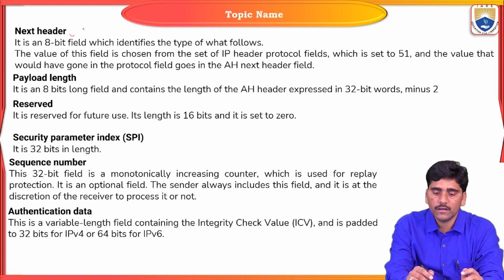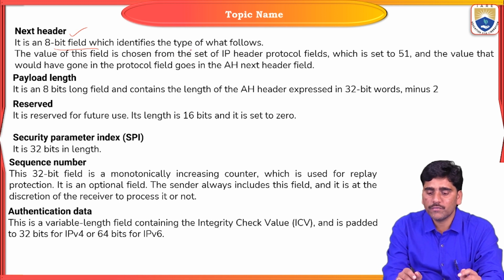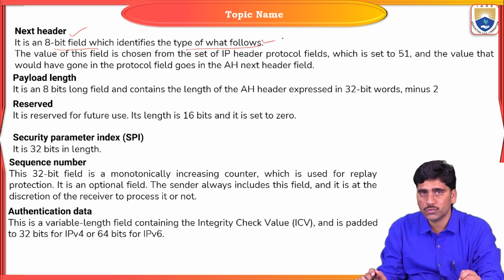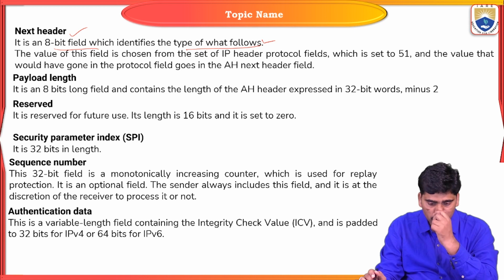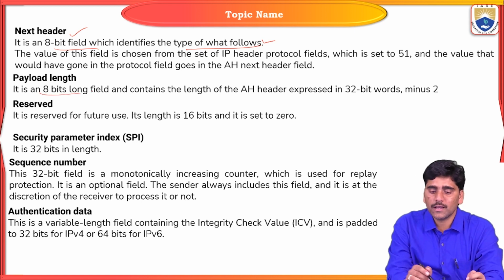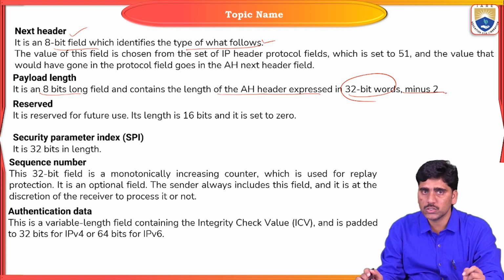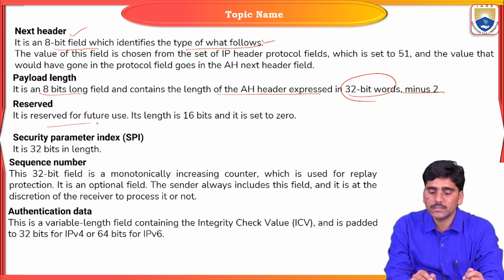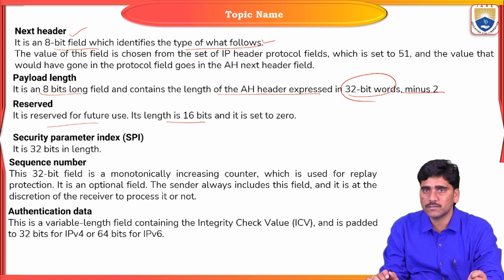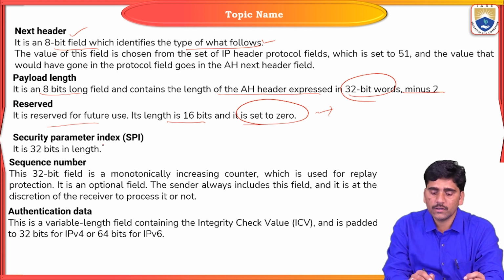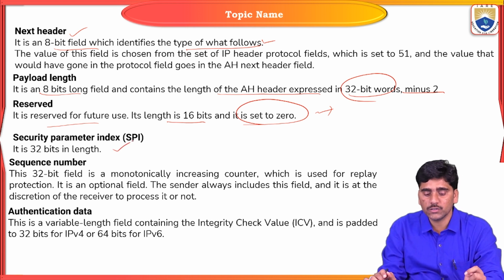The next header is an 8-bit field which identifies the type of what follows. Similarly, the payload length is also an 8-bit field and contains the length of the authentication header expressed in terms of 32-bit words minus 2. The reserved field is reserved for future use, its length is 16 bits and it is set to 0. The security parameters index field is a 32-bit field.